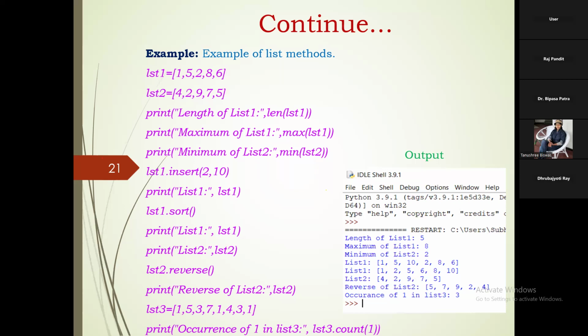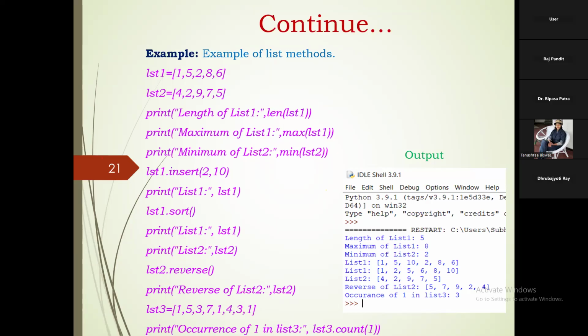Actually, today mainly I have discussed what is the data type and what is the data structure. And for the data structure, I solved only the list part. For list part solving, you can use the IDLE shell programming as well as Google Colab programming.